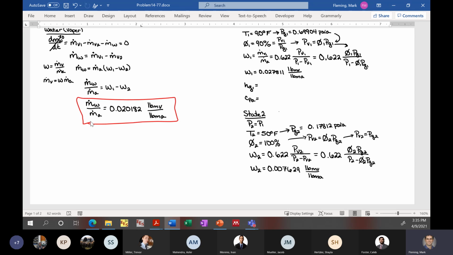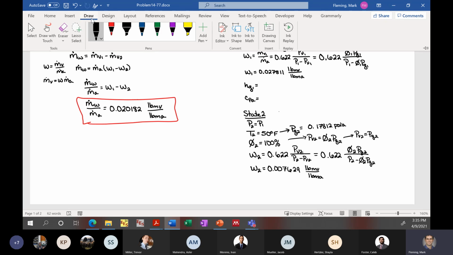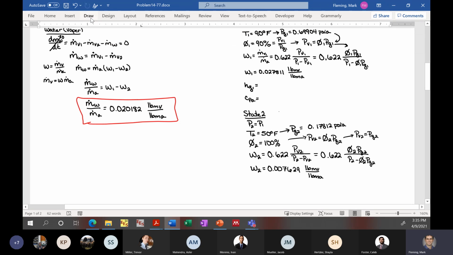We'll be able to show that we can look up W1 and W2 on the psychrometric chart, and if we have a high enough resolution chart, we'll show that it's pretty good in terms of the estimates. That's what I wanted to do in this example: do the mathematics and then show how well that lines up with the psychrometric chart. We'll do a comparison at the end.